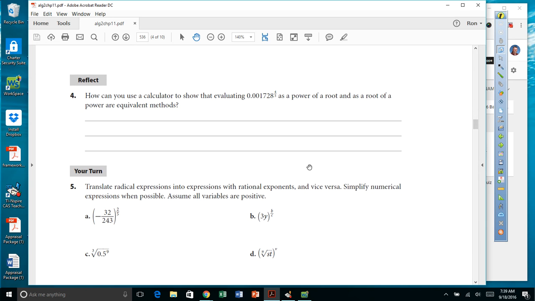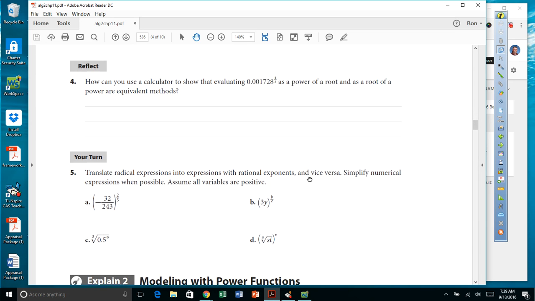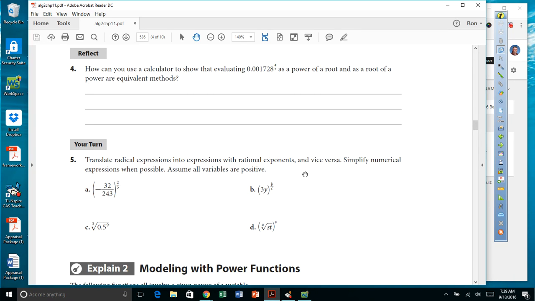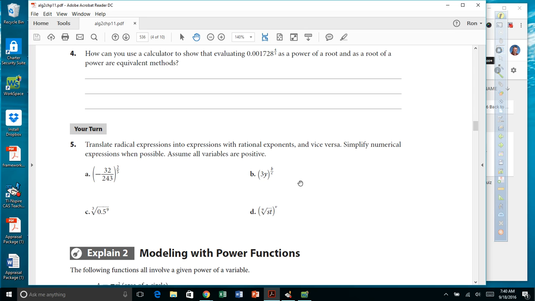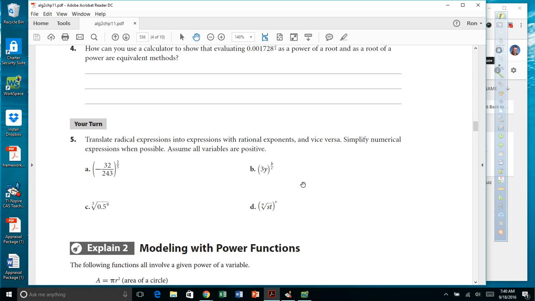All right. How do you use a calculator to show that evaluating 0.001728 to the 4/3 power, the power of a root and the root of a power, are equivalent methods?